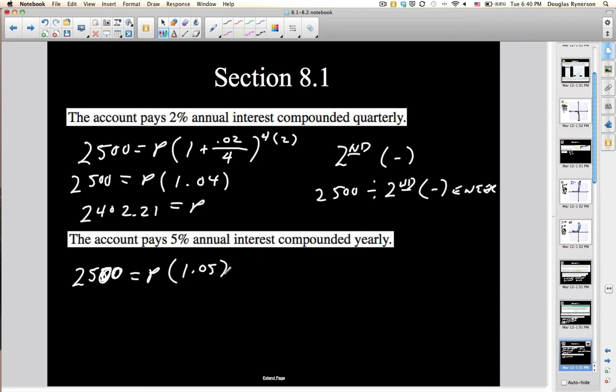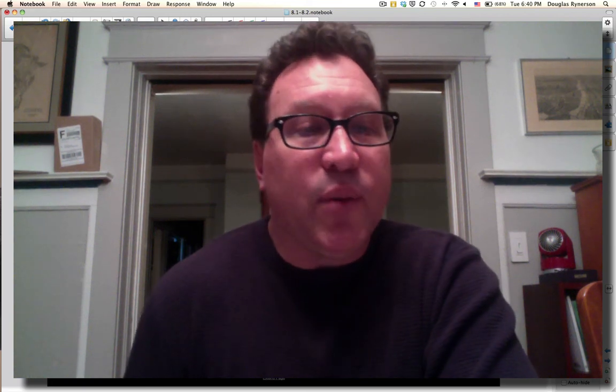We're compounding annually, so my denominator here would have been 1, and it's to the second power. This will become P times 1.1025 or so. And when I divide by that, I'll get my principal amount, 2267.57. Okay? So this finishes up our section 8.1.